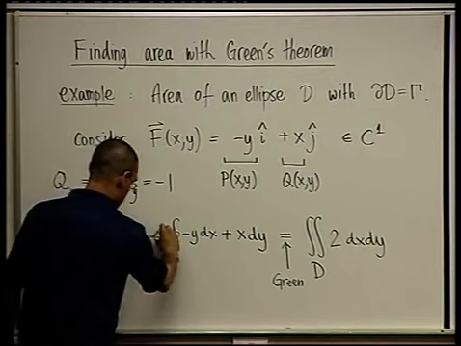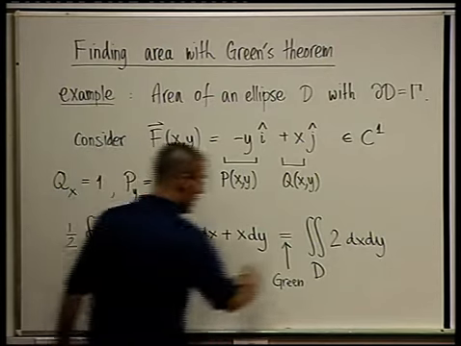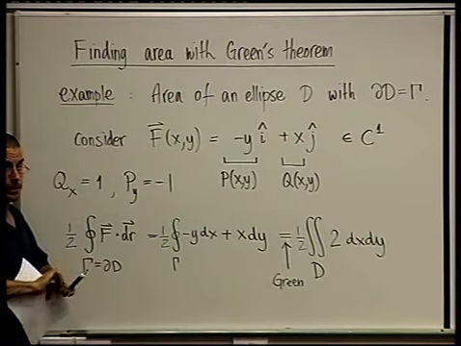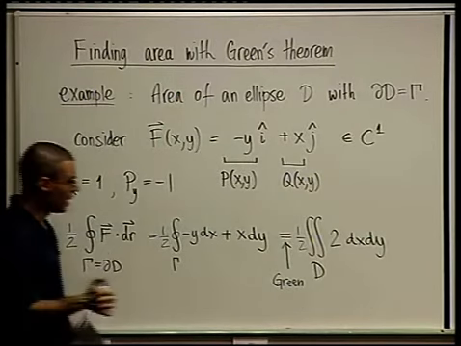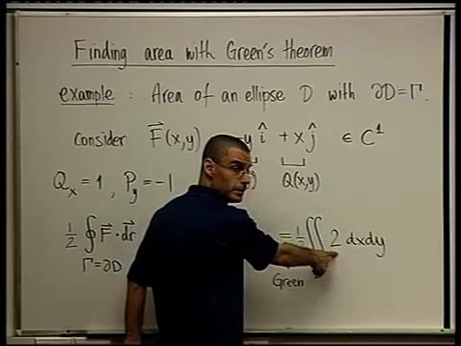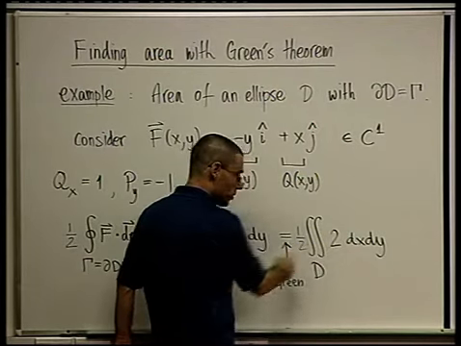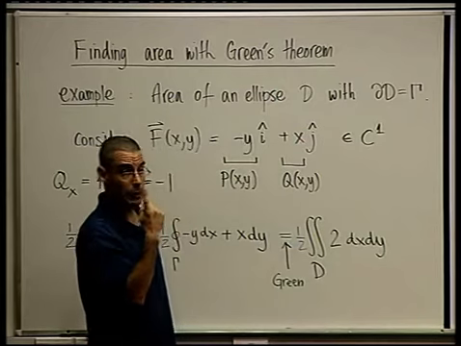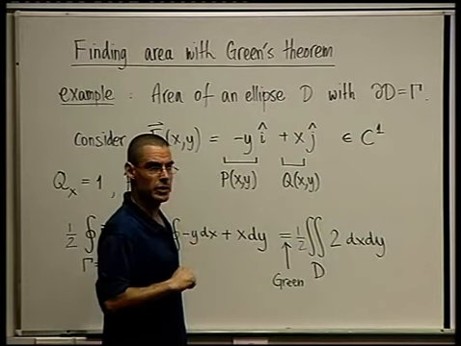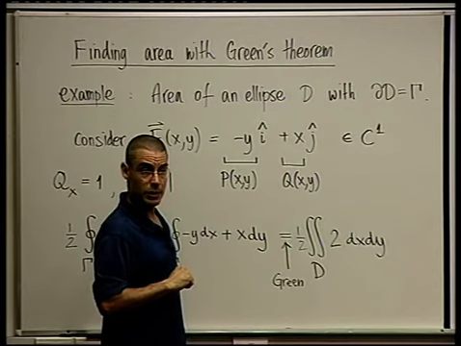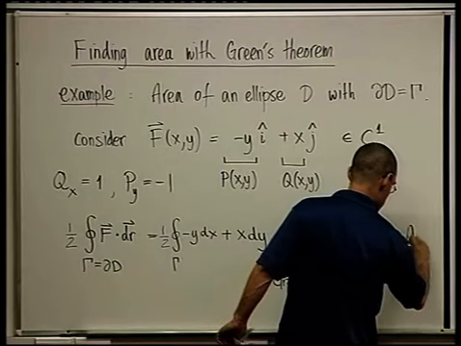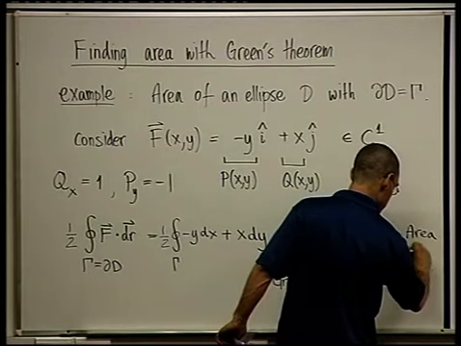Well, if it's 1/2 of this, then it equals 1/2 of this, and then it equals 1/2 of this, right? That still remains true. But what is 1/2 of the integral of 2? That's the double integral of 1. And what's the double integral of 1? That's the area of the domain. Do you agree? So this equals the area of D.